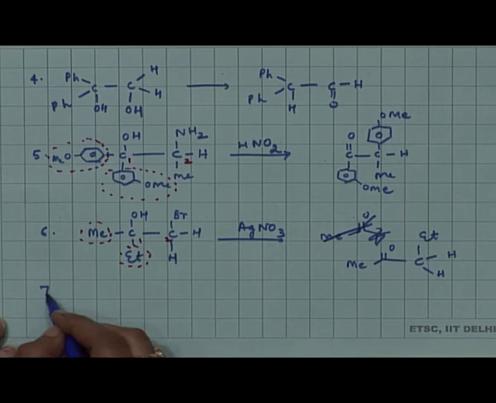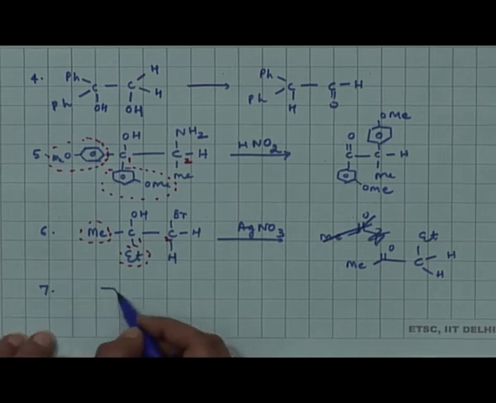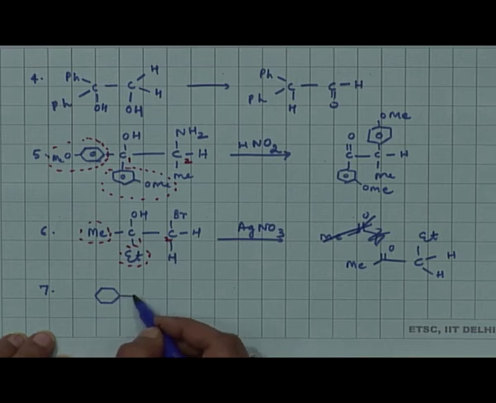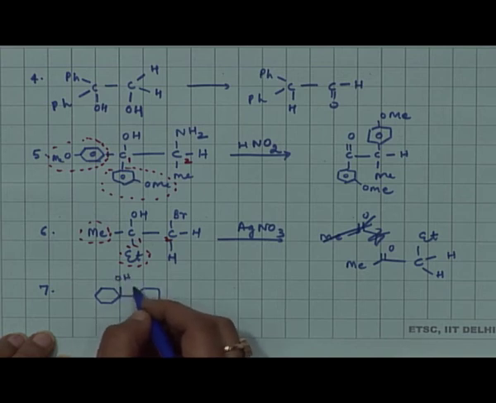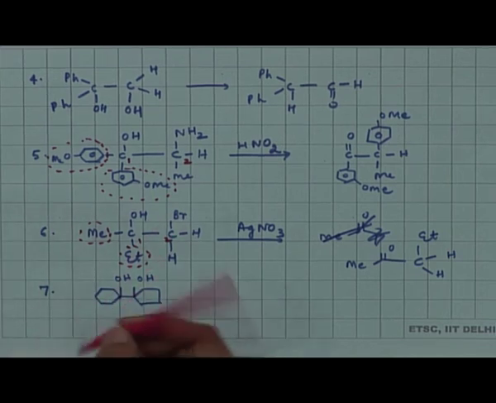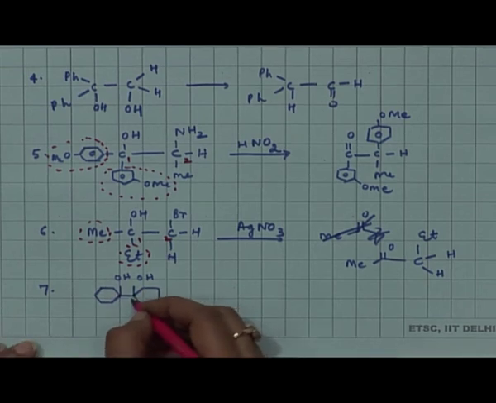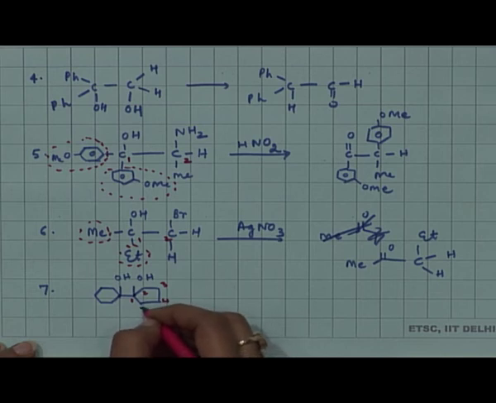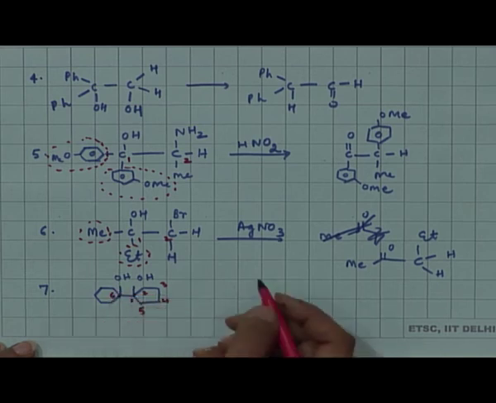Okay. Another example, if you take an example of a cyclic diol. Now, this is interesting, just look at it carefully, that if you take a cyclic diol like this, right, again this is a Pinacol, both are tertiary, right. What I can do for your convenience, I just number this 1, 2, 3, 4, 5 and 6.